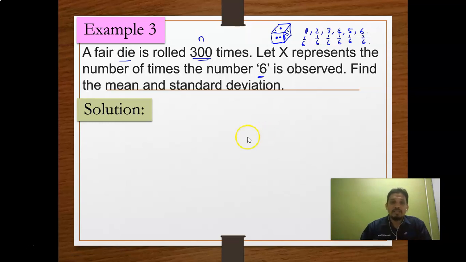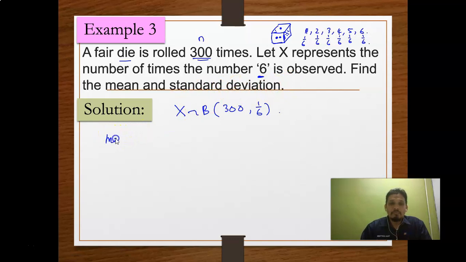So X is binomially distributed with n trials, which is 300 times, and the probability of observing 6 is 1 over 6.